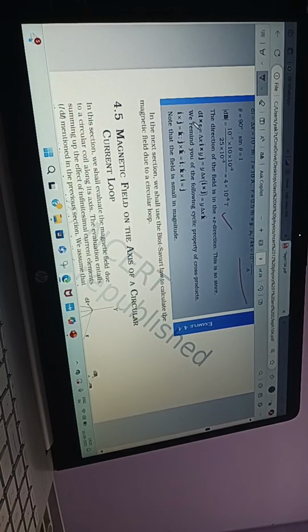What is the cross rule in the Biot-Savart law? dl cross r. So x and y will give you k. You have studied this in your 11th class. Am I right? Yes, sir.